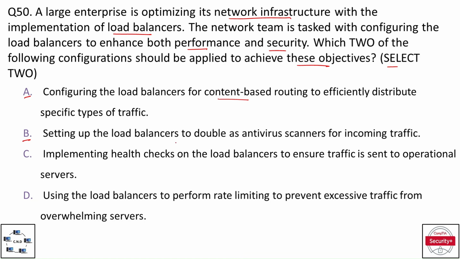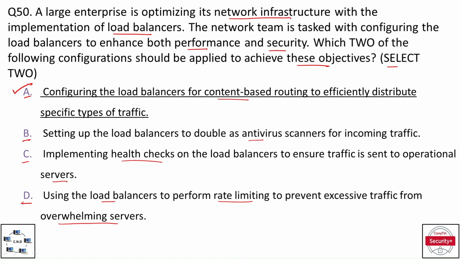Option B, setting up the load balancer to double as antivirus scanners for incoming traffic. Option C, implementing health checks on the load balancer to ensure traffic is sent to operational servers. And option D, using the load balancer to perform rate limiting to prevent excessive traffic from overwhelming the servers.